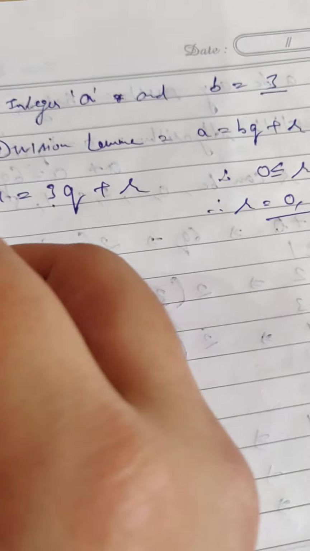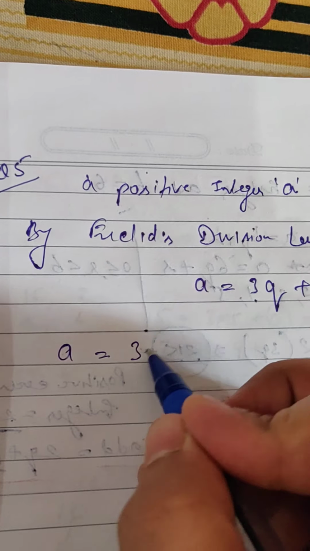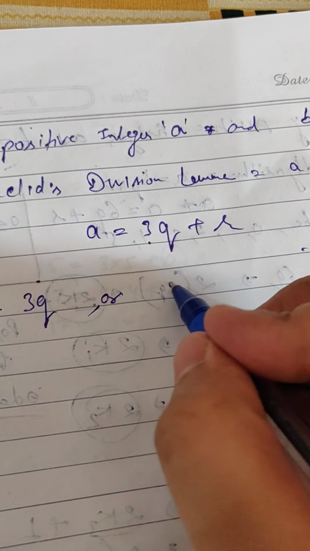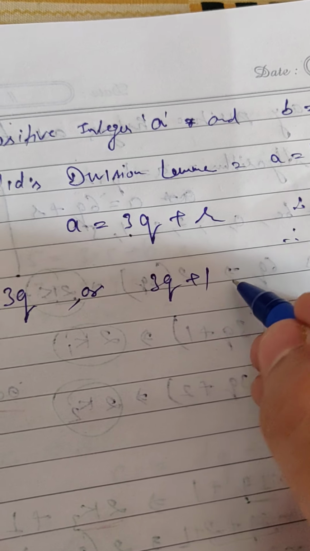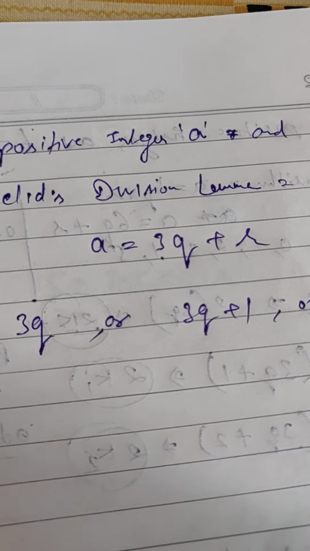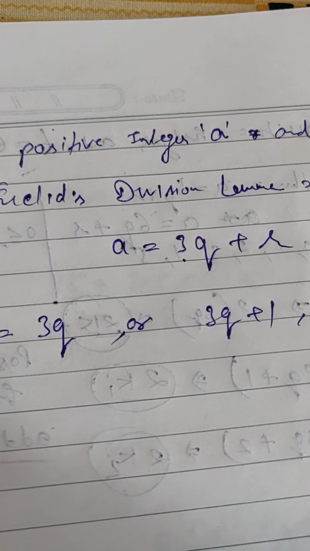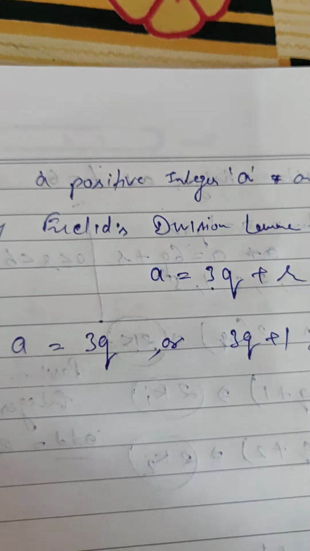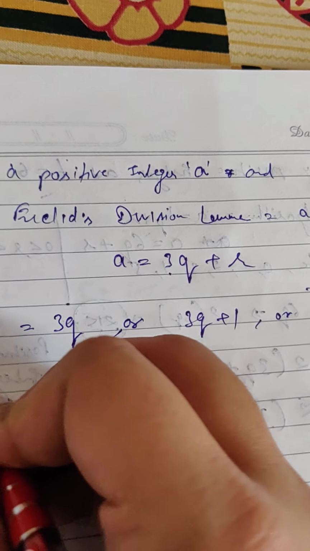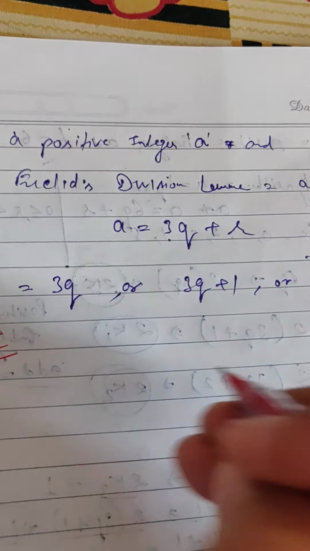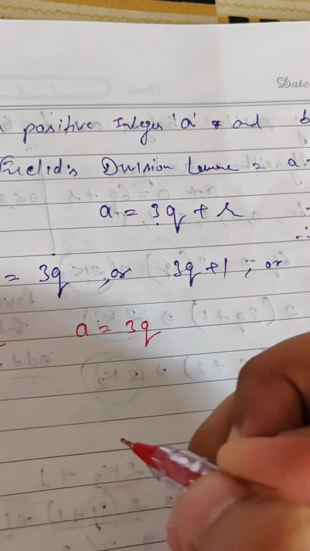So we can write a as 3q when the remainder is 0, or 3q plus 1 when the remainder is 1, or 3q plus 2. So these are the 3 positive integer representations. Now we need to take different cases. Case 1, where a is equal to 3q.